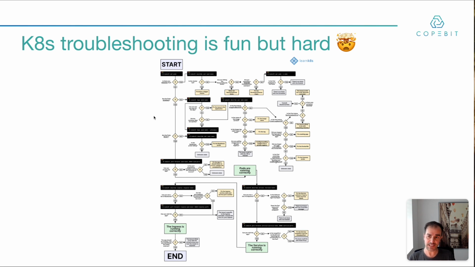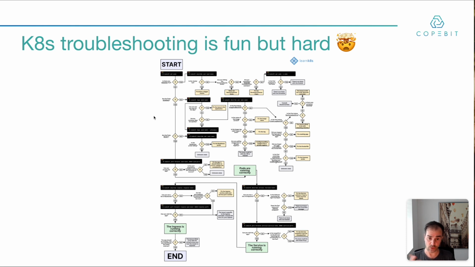So here you see a chart of how a troubleshooting workflow diagram would look if something is not working as it should. I'm pretty sure you have troubleshot some things already and spent hours and hours searching for solutions, because there are so many events, so many status things that you need to look at, and you need to correlate so much information, it really becomes hard.